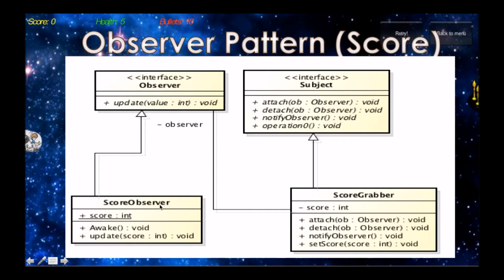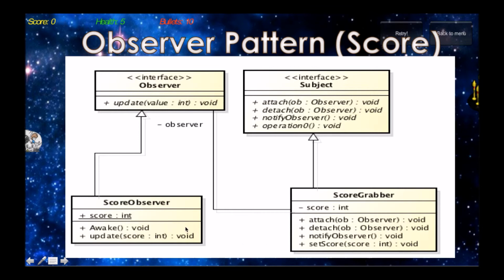So when the player shoots an enemy and the score increments in the game, the set score method is called in the score grabber, which notifies the score observer, and the score observer then updates the score.